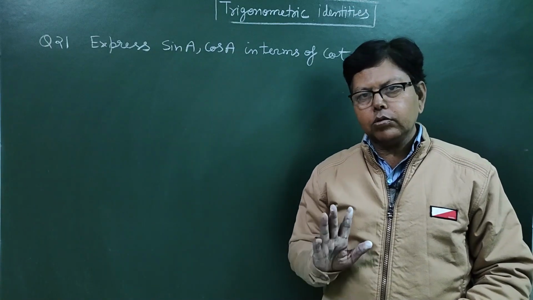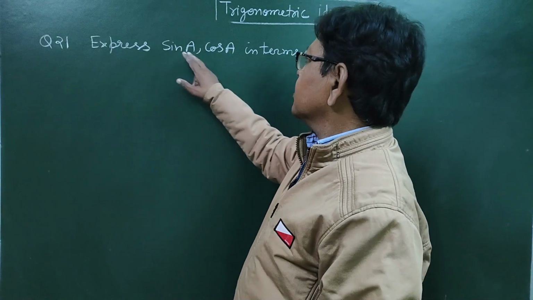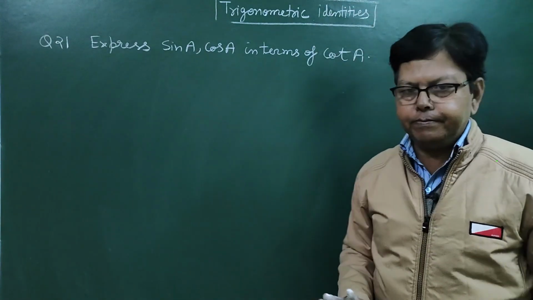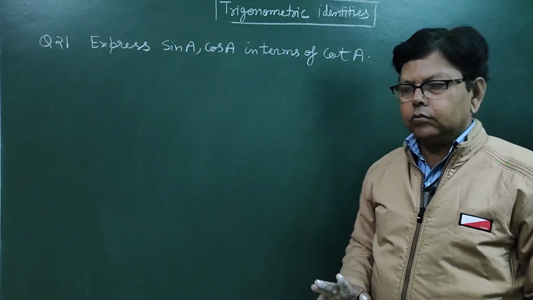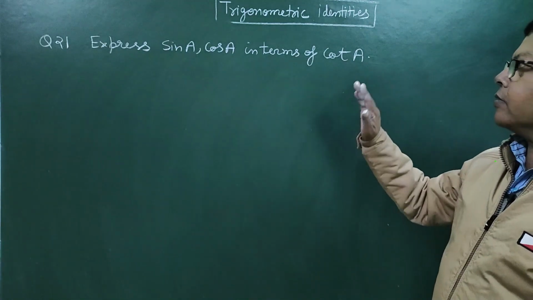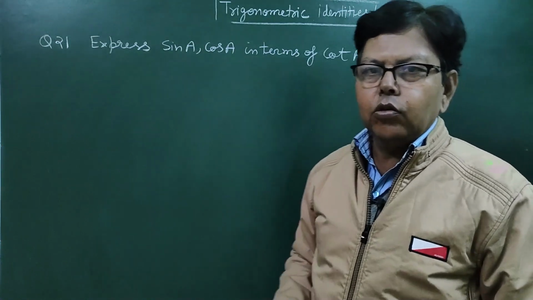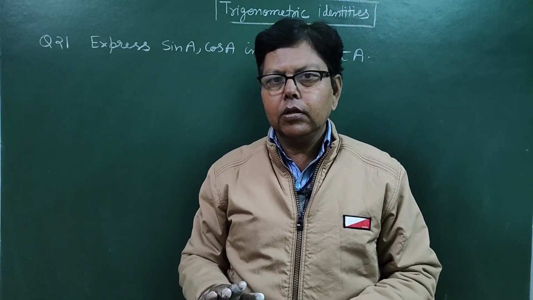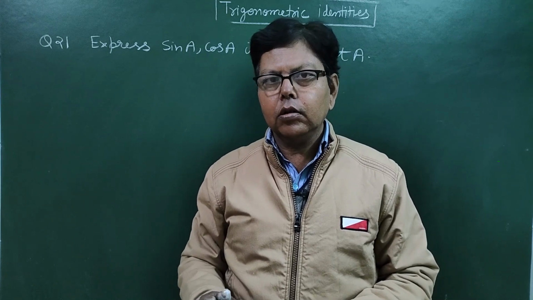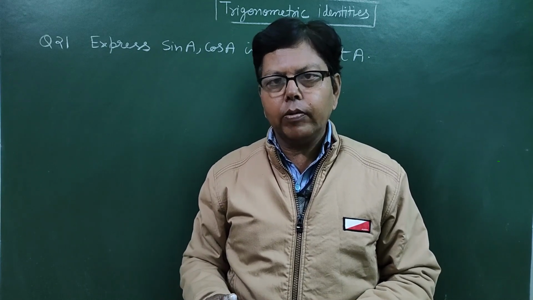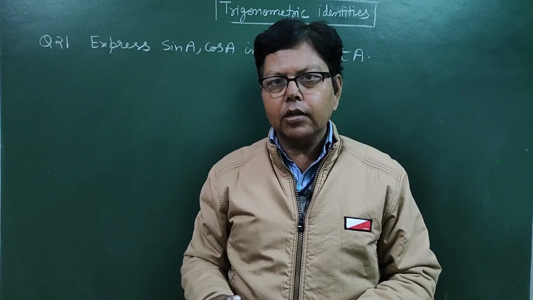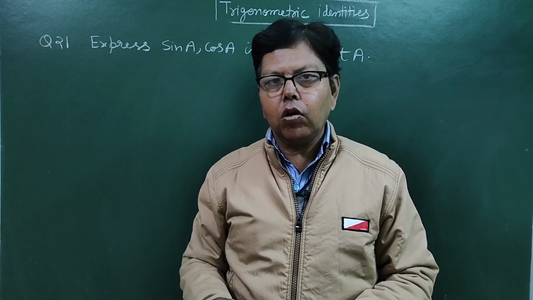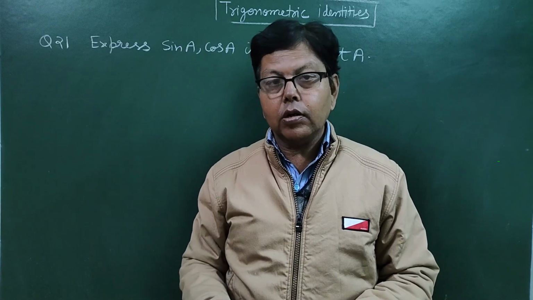Next important question. Express sin A and cos A in terms of cot A. If you want to express sin A in terms of cot A, you must bring some relation between sin and cot. For that we will use the trigonometric identities which contain cosec and cot.